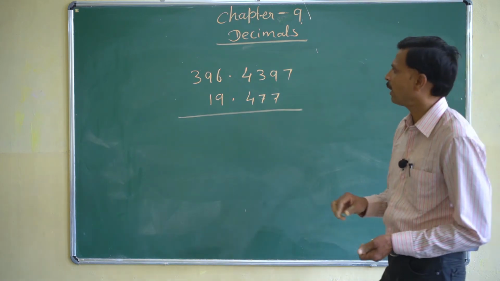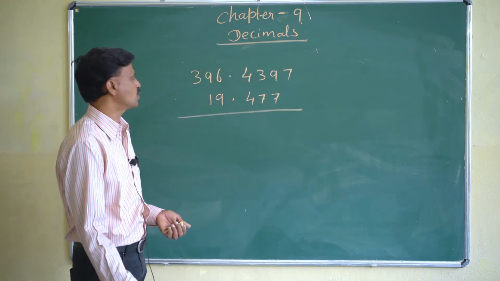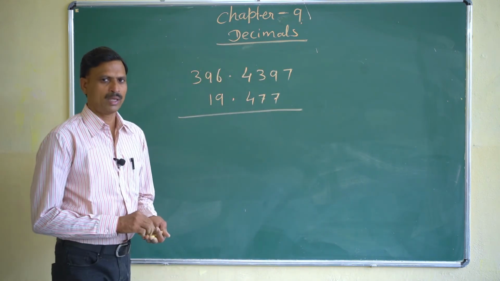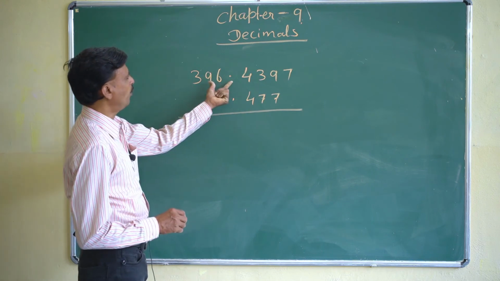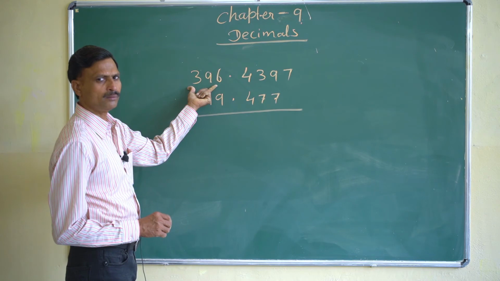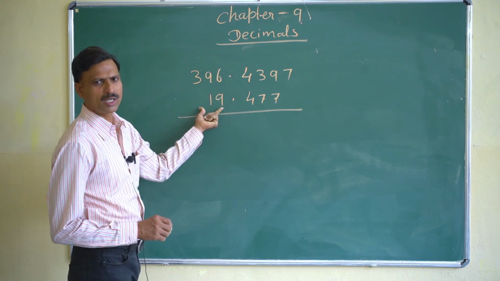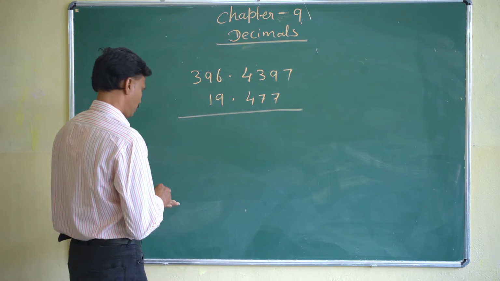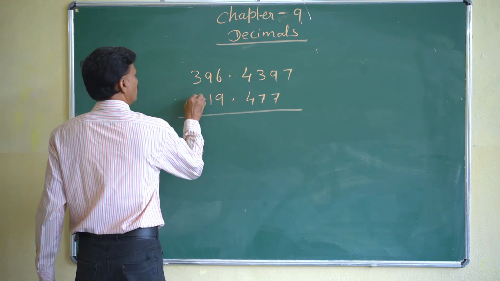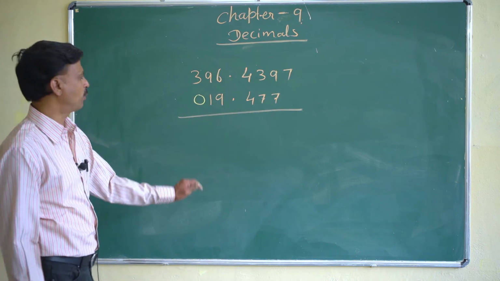What is the process? First we'll convert these into like decimals. Before decimal in the first number, how many digits are there? 3 digits, 396. So the second number also must have 3 digits. So as I told you, we can equalize and convert to like decimal by putting a 0.